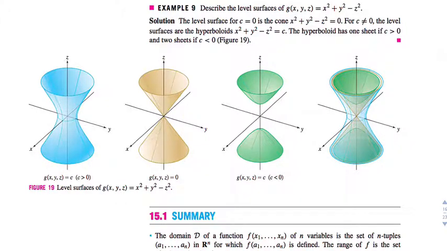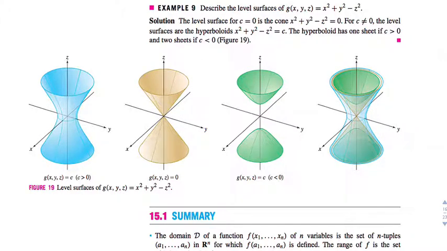So if we were using a computer program, this is a quick recap. In the far left, we see that when C is positive, we'll get this kind of shape here. And when C is 0, it'll collapse to these 2 cone regions.